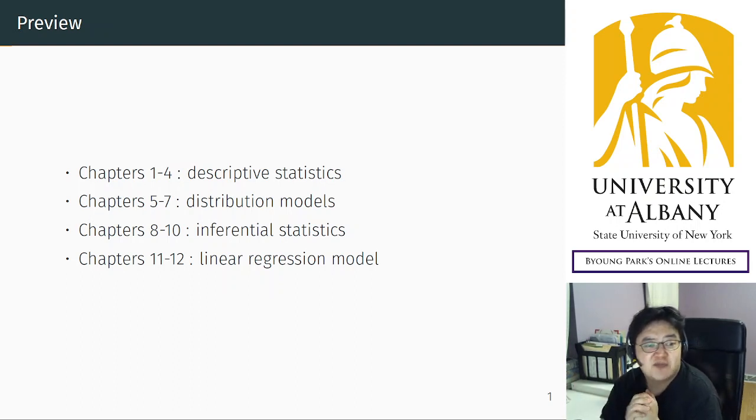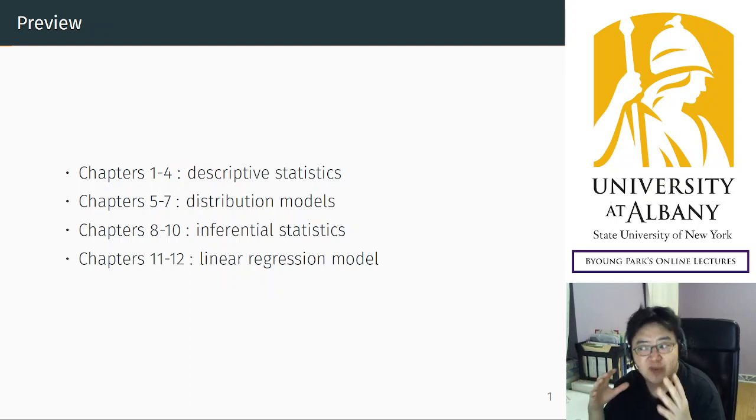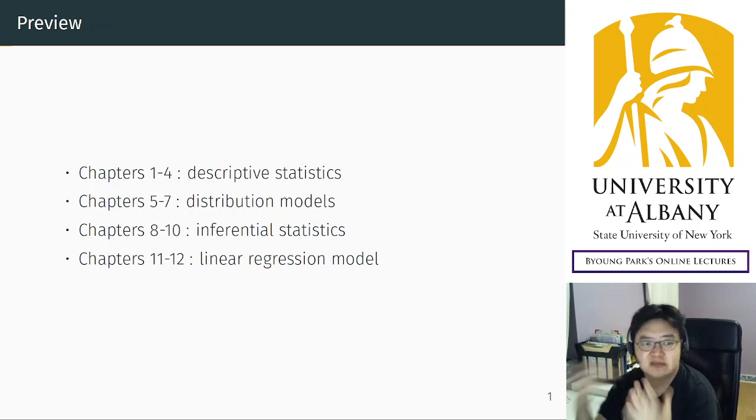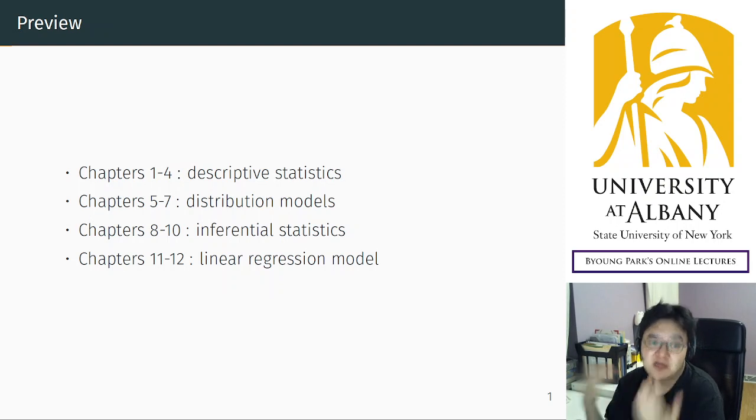In chapters 5 to 7, we will study some models. Distribution models are a set of assumptions. So not only describing the data, but we make assumptions and set up a model for data and randomness, and then we study their properties, how we can utilize them, and how we can calculate probabilities.